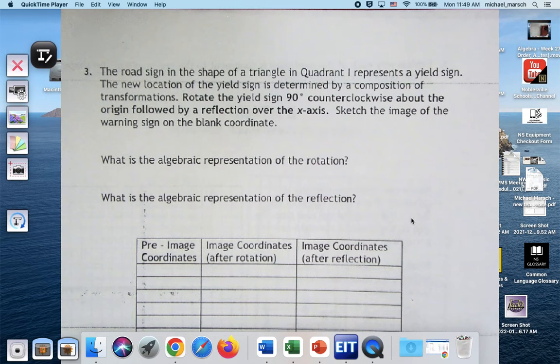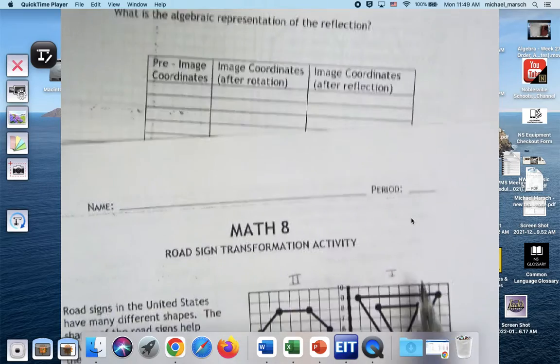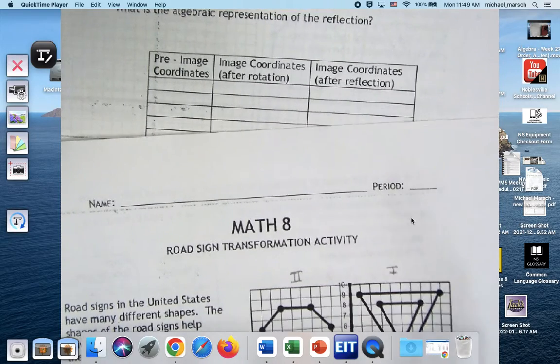This is asking us to do 2 transformations, okay? Quadrant 1 has the yield sign, the 2 upside down triangles. Everybody find that on their paper? Right? So we're talking about this one right here, okay?